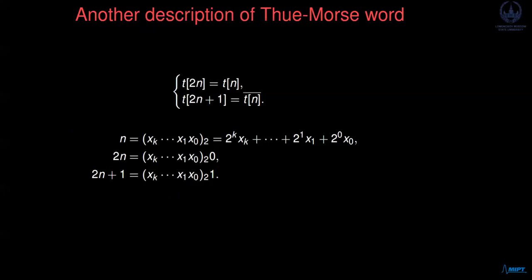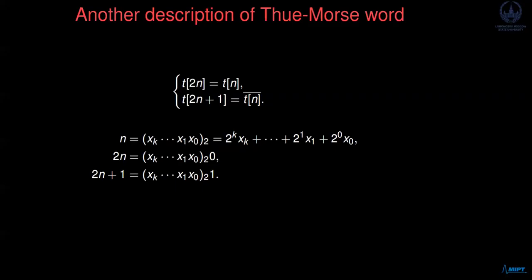Okay, so to deepen our understanding of the Thue-Morse word, let's explore another description of its construction, which highlights its recursive nature and the binary representation of indices.